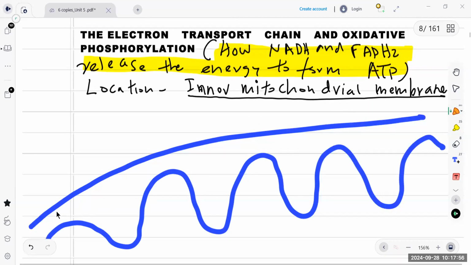You can see here the outer mitochondrial membrane and the folded inner mitochondrial membrane. The space between the outer membrane and the inner membrane is called the intermembrane space.